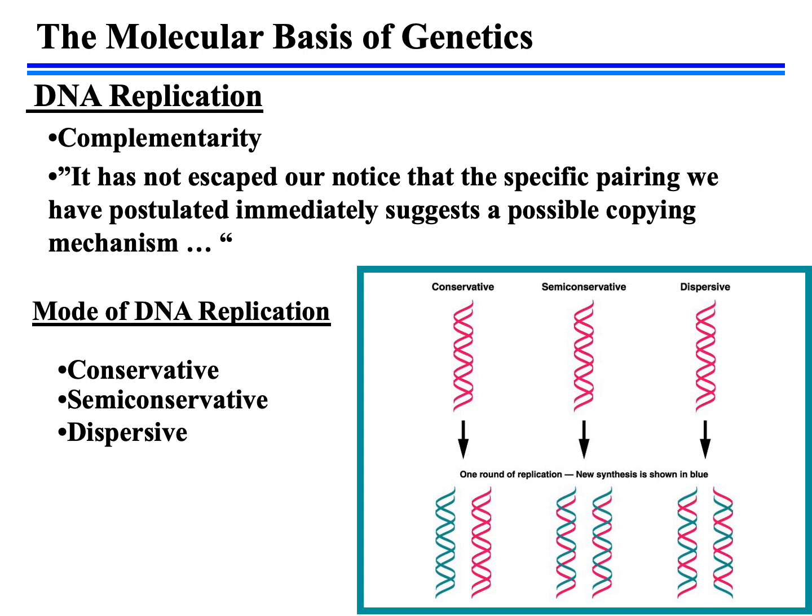There were in fact three proposed models for the mode of DNA replication. They are referred to as the conservative model, the semi-conservative model, and the dispersive model. Now, Watson and Crick, again, in this paper that was published, did not have any experimental evidence to support their idea, but what they proposed was that DNA replication occurred in a semi-conservative fashion.